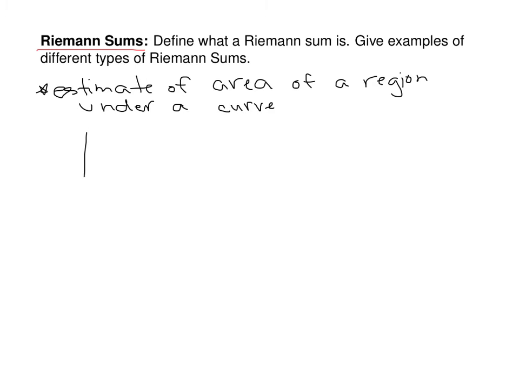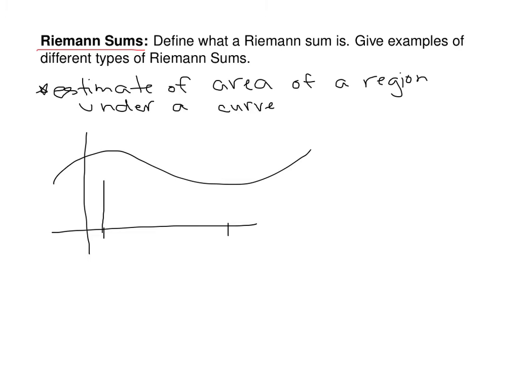So in general, suppose you have your function, let's assume it's positive, and you want to find the area between those values. You divide it up into little pieces, and you pick some sample point in the middle. You could use left points, you could use right points, you could use midpoints. Let's just draw the picture with left endpoints. You go up to the curve at the left endpoint, make a rectangle.